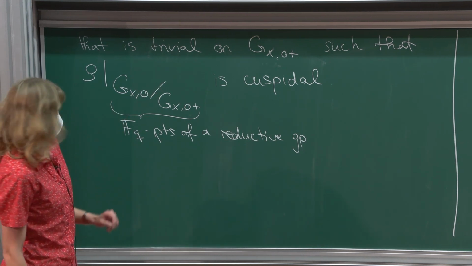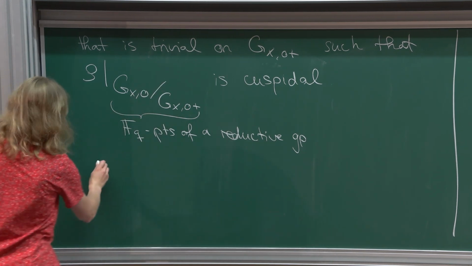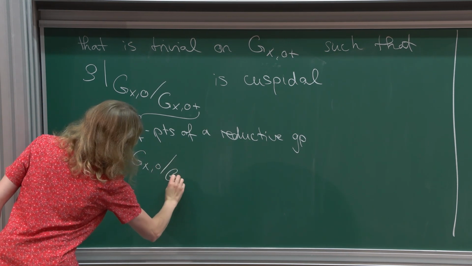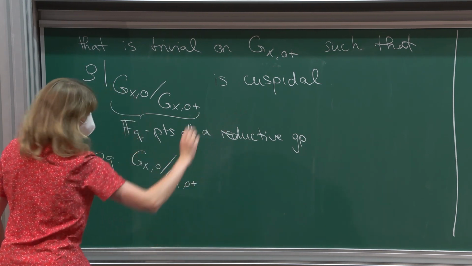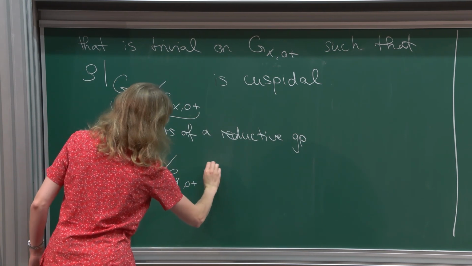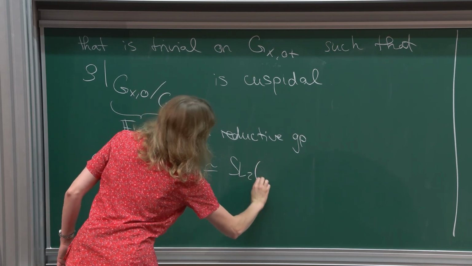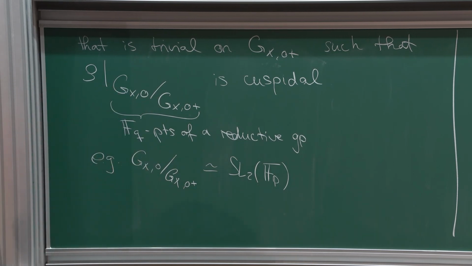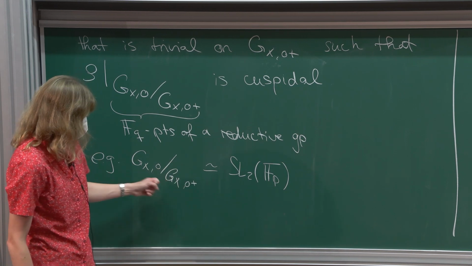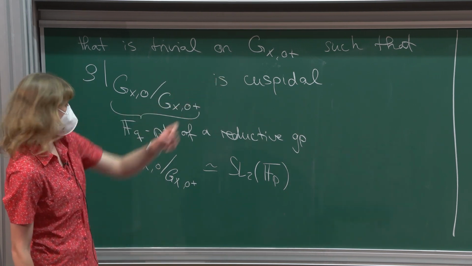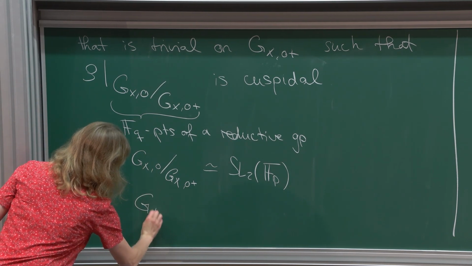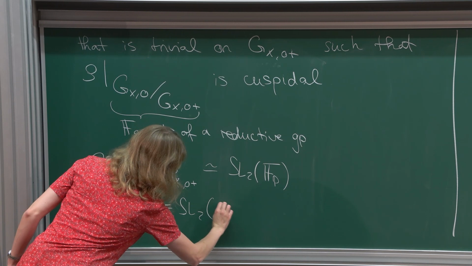And so when you take such a representation, well, what is, just for example, this quotient here, G_{x,0} mod G_{x,0+} in the example above is isomorphic to SL2 over the residue field, so that's F_p up there. So you take a cuspidal representation of SL2(F_p), inflated to G_{x,0}, then you extend it to the whole stabilizer, which in that case, in this example, G_x will be just SL2 of Z_p.